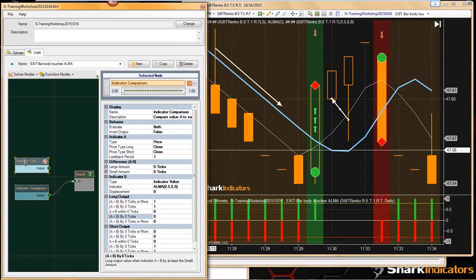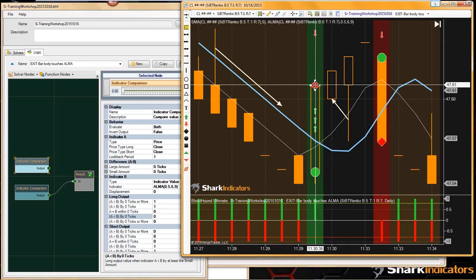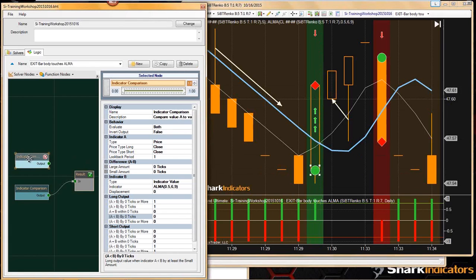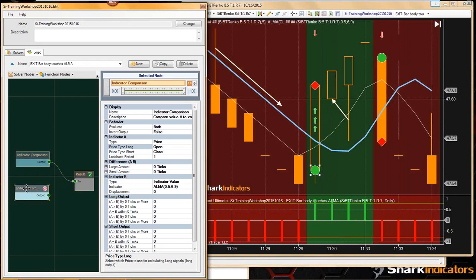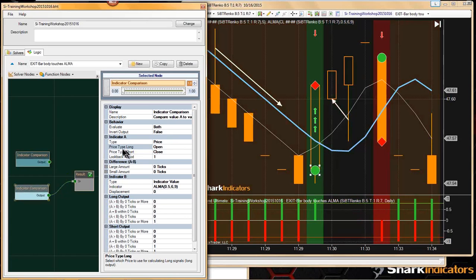So it took two solvers. One solver is comparing the closing price of the bar, the other solver is looking at the open price of the bar. This solver is looking at the closing price, and this solver is looking at the open price.